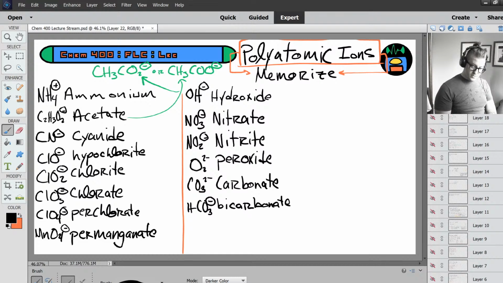We have sulfate, SO4 with a negative 2. We have sulfite, SO3 with a negative 2 charge.